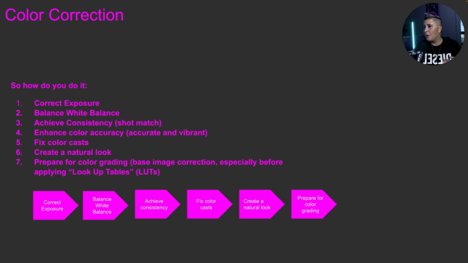Once you're done correcting the exposure, you want to balance the white balance. Correcting the white balance is important to make sure that your whites are whites, that your blacks are blacks, just making sure that the white balance is accurate. Different types of lighting on set will create different types of white balances. You also have nuances between different cameras if you're shooting with different cameras where white balances just may be completely off.